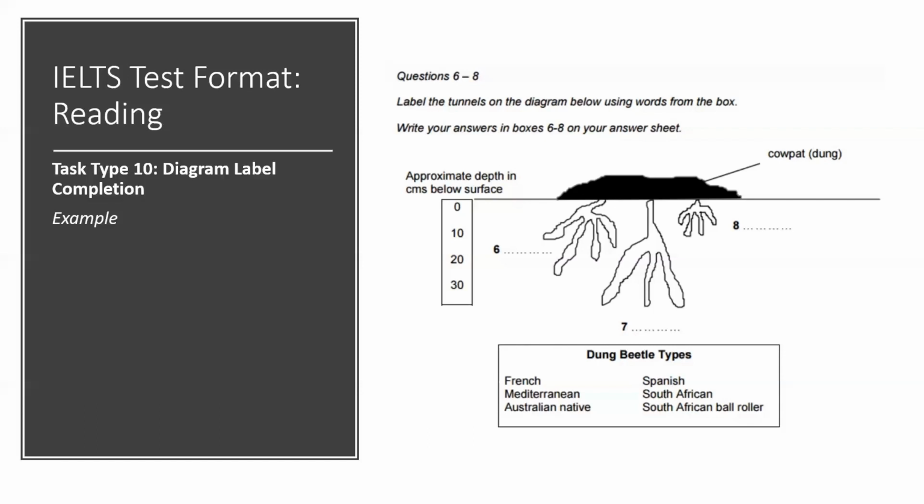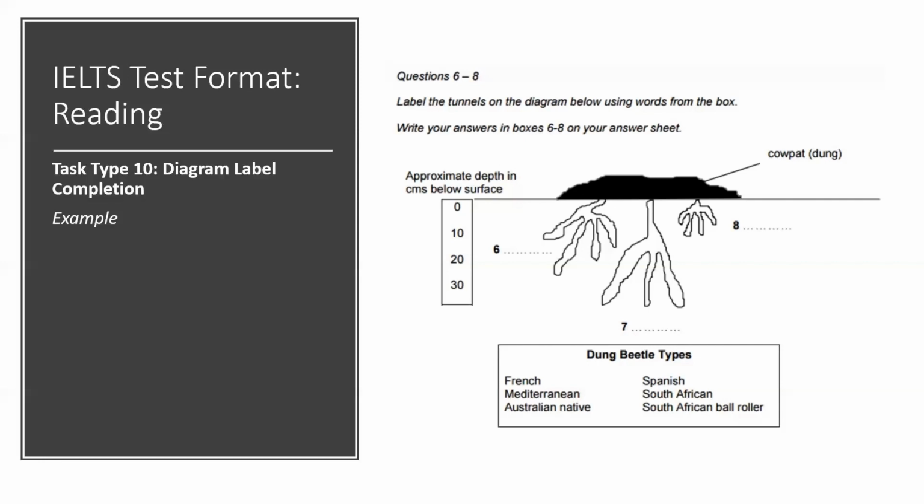And whatever is written in the diagram, the description in the text will definitely be about it. So we will be using both the diagram as well as the reading passage to answer the questions. Because if you see question number 7, how much depth is it?